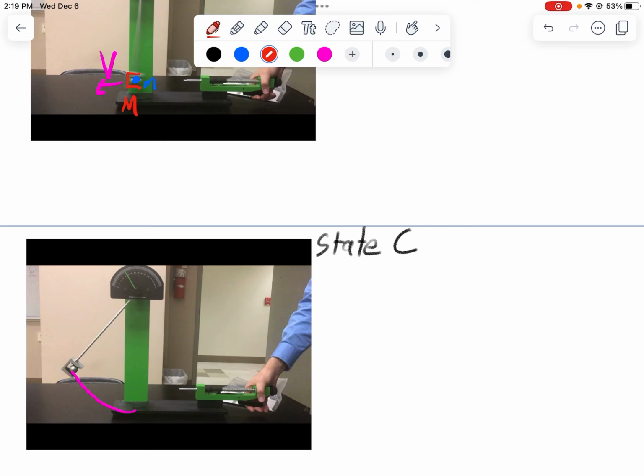So this is still the catcher and the ball of mass little m, and together they have achieved an angle of theta, and this is going to be the highest point that they reach.